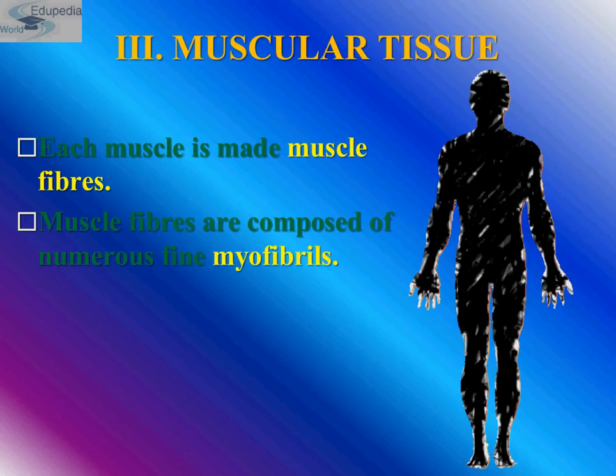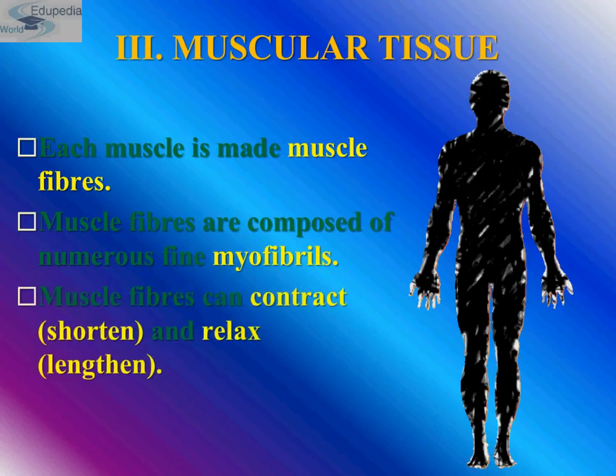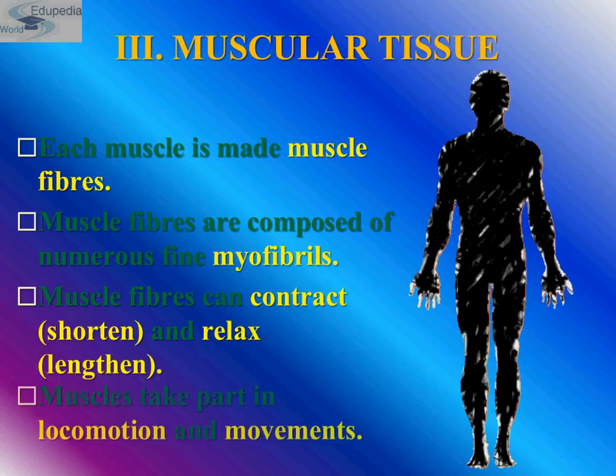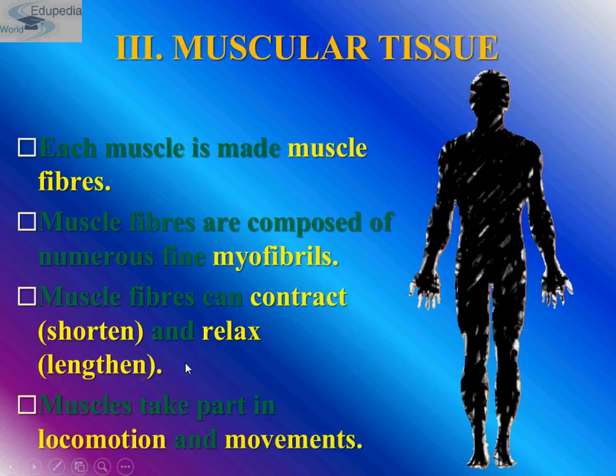These are fibers that are composed of numerous fine fibrils. Muscle fibers contract in response to stimulation, and they can also relax and return to their uncontracted state in a coordinated fashion. Muscles also take part in locomotion and movement along with the bones.